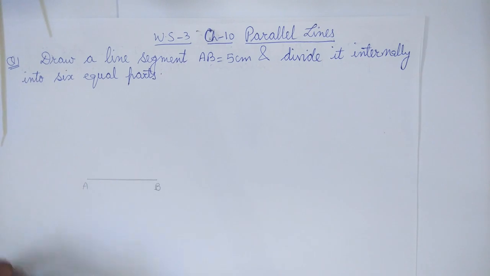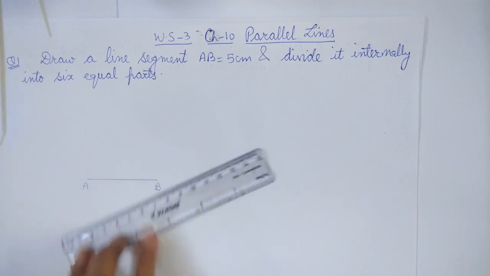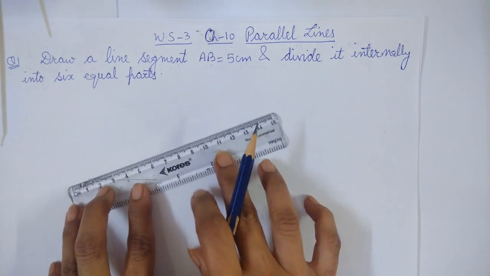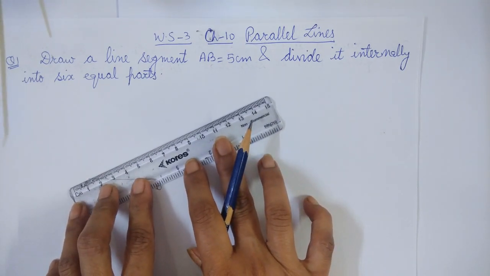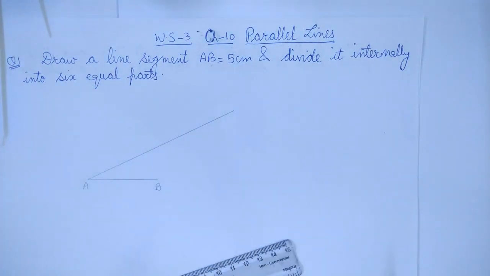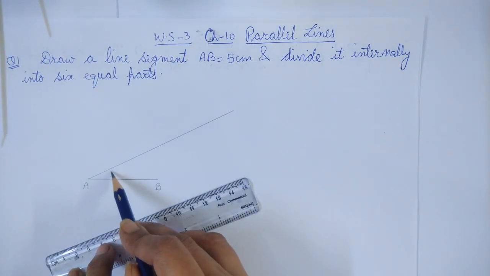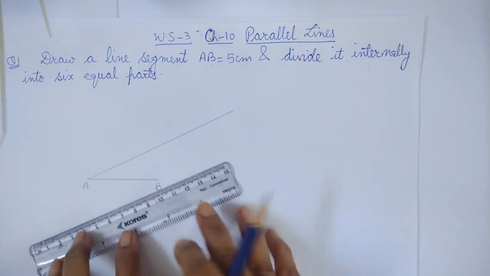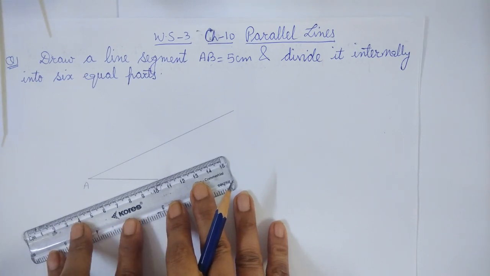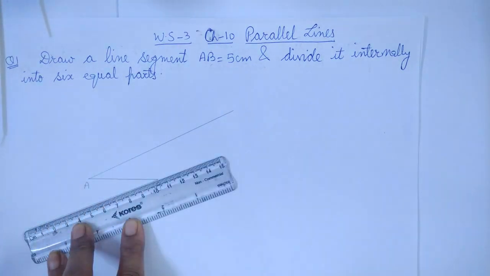Since we have to divide this line segment into 6 equal parts, from point A we will draw one acute angle of any measurement, and this acute angle you can make with the D. Suppose that you are making this acute angle of 30 degree, then from point B also with the help of D you will make an acute angle of the same measurement and draw the line like this.